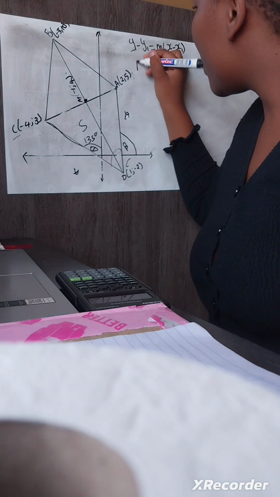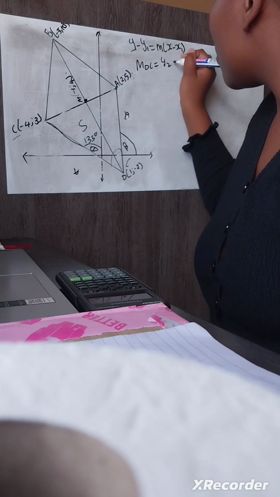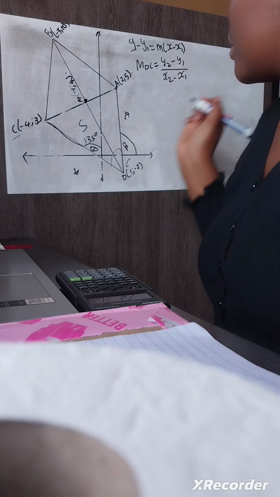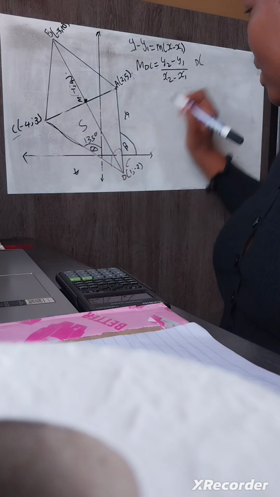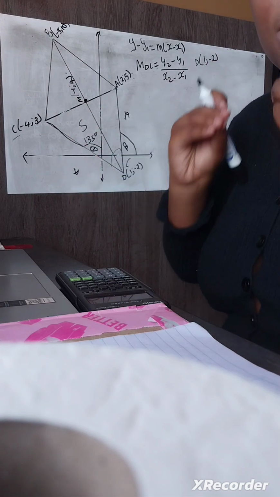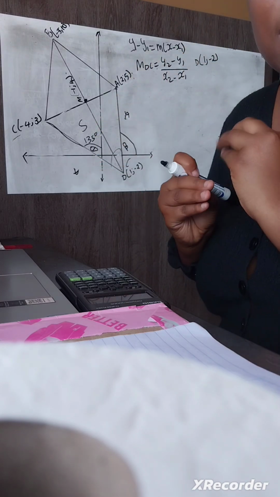So the gradient of DC is equal to y2 minus y1 all over x2 minus x1, right? Then the coordinate is (1, -2). When you're solving a certain question, always try to write the coordinates down to avoid making mistakes.